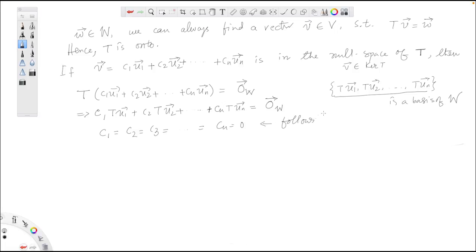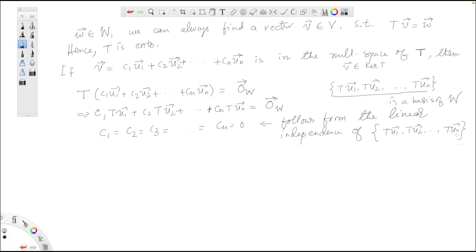Follows from the linear dependence of this set Tu1, Tu2, all the way up to Tun.